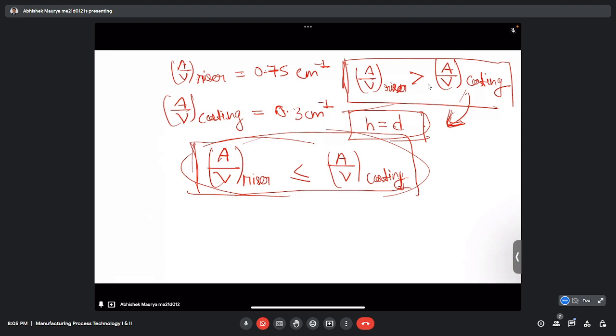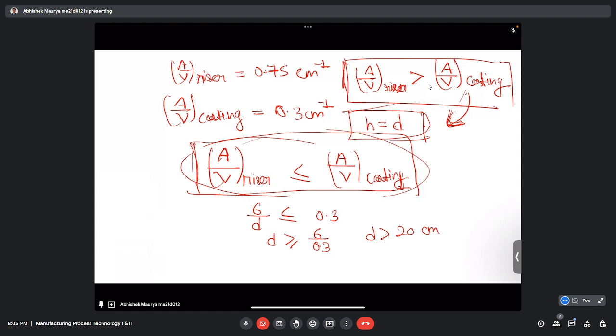So if you calculate this, what will we get? 6 by D should be less than or equal to the A by V ratio of casting, 0.3, or we can say D should be greater than or equal to 6 divided by 0.3, that is, D should be greater than or equal to 20 centimeter.